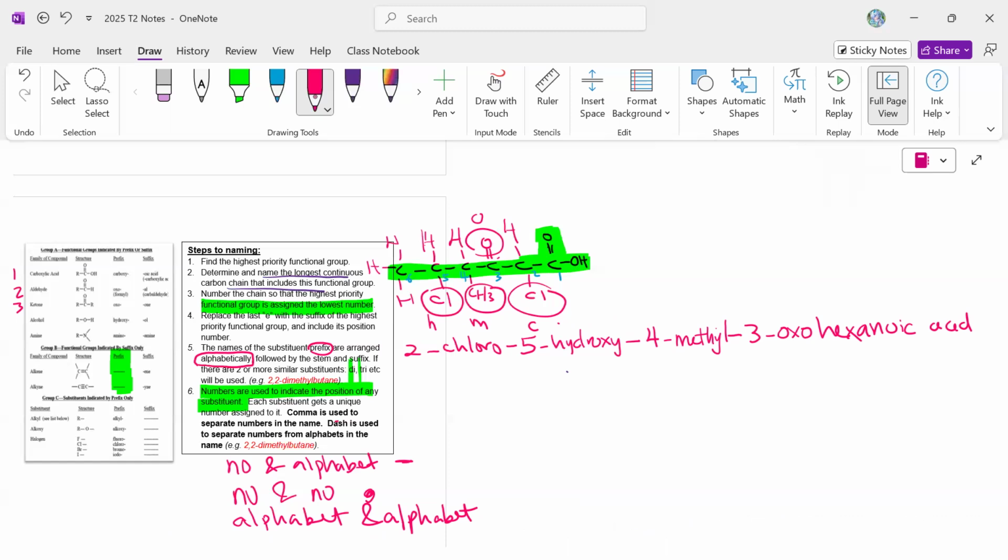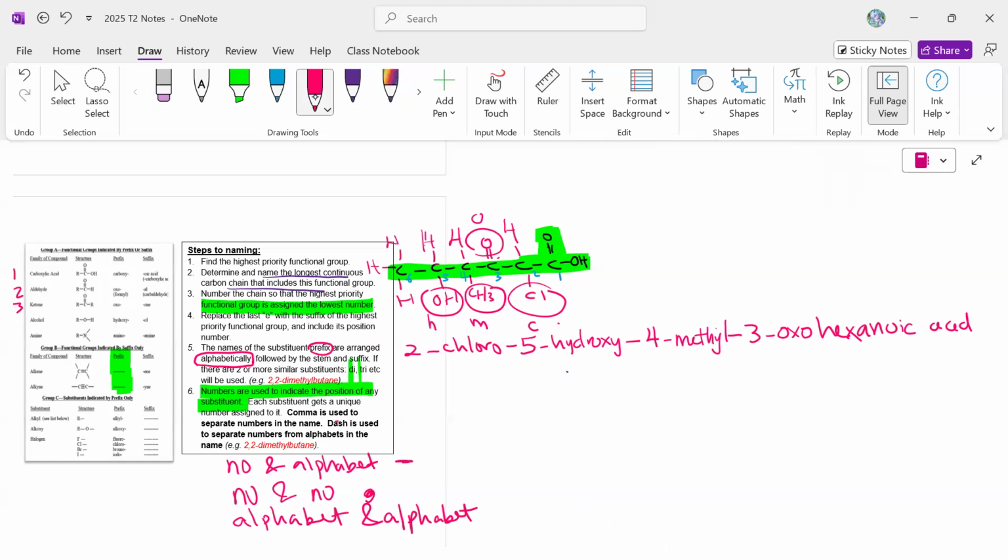2,5-dichloro. If the group appears twice, you have to have two numbers, even if the group appears twice on the same carbon. So let's say it's all on carbon 2.